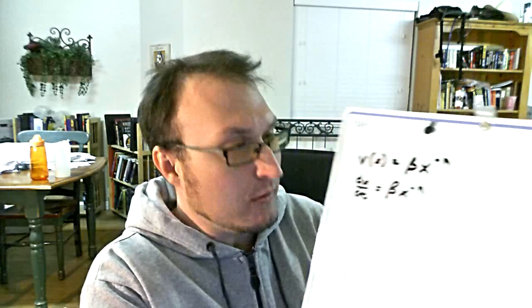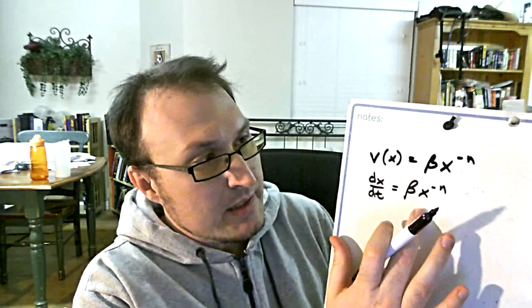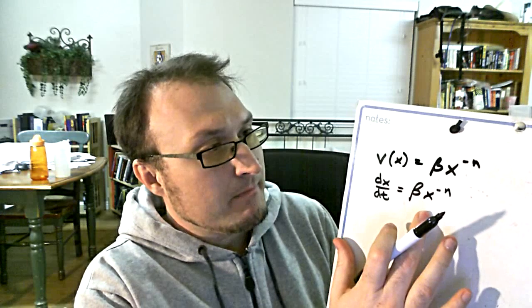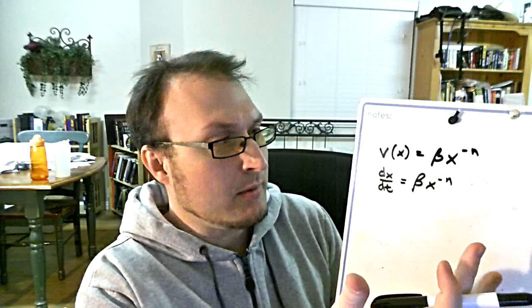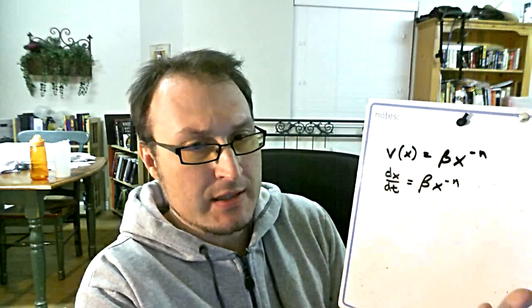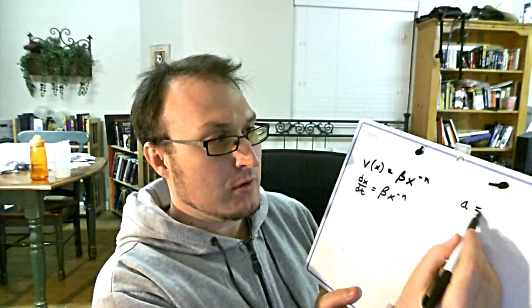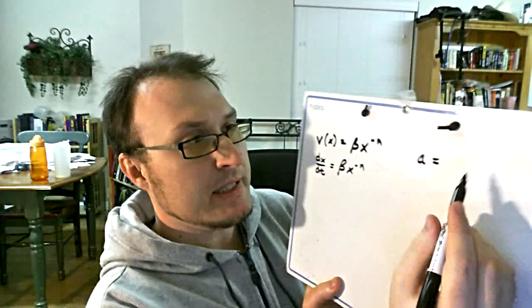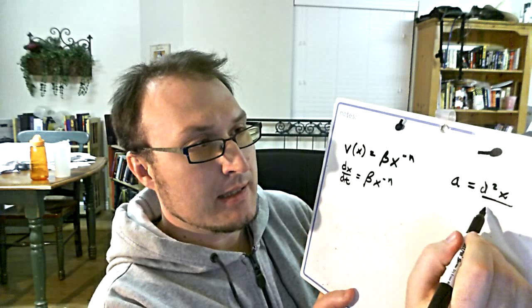By all means, go for it. But if you do it this way, you put dx/dt equal to this. What you can do next, the way that I decided to try this problem, is to take a second time derivative of both sides of this equation, because I know that my acceleration, which is asked for in the problem, is equal to the second time derivative of the position function.